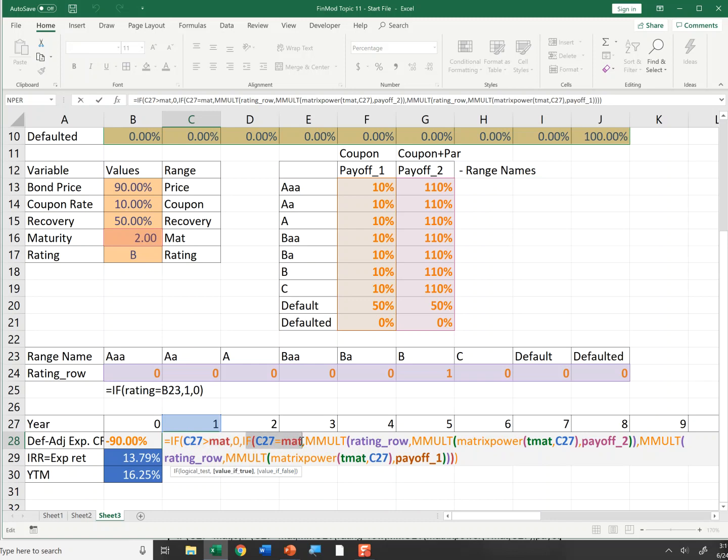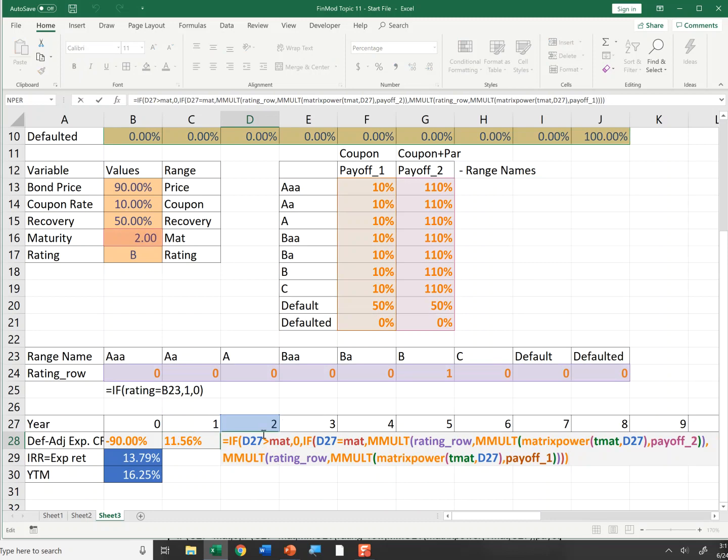If it's maturing, if C27 is equal to the maturity date, which is true for this period right here. So if D27 equals the maturity in years, 2 years, here's what the calculation is. It's a long calculation.